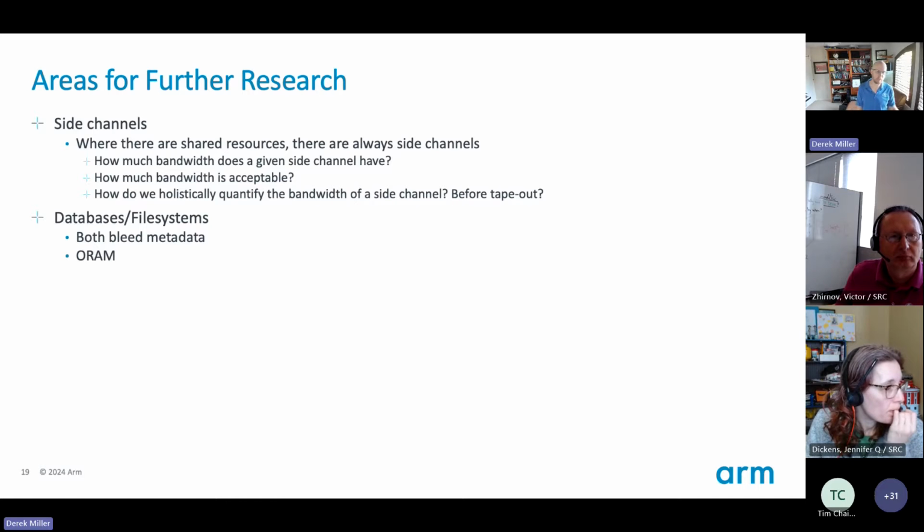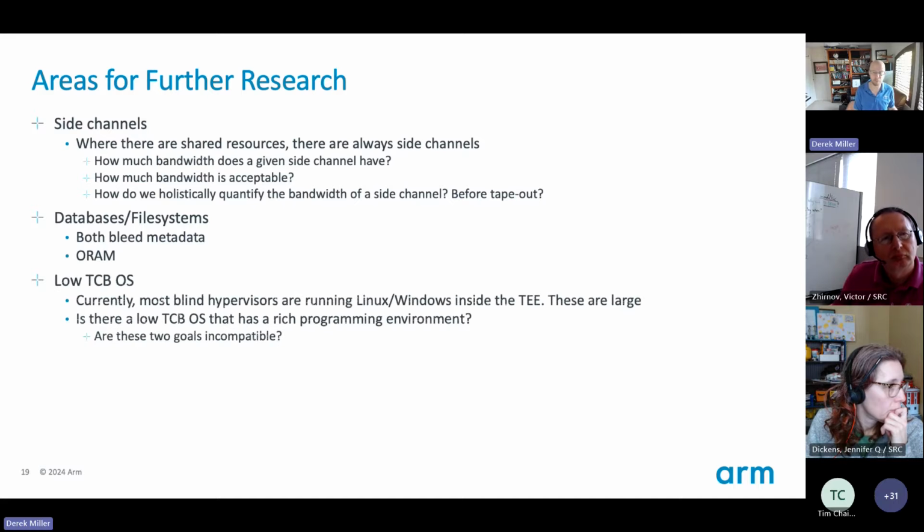They actually got a lot of improvements from it because they were paranoid from the beginning. They're continuing to be paranoid, but ORAM gives them those solutions. But can we improve this? Right now, for most use cases, ORAM is not a viable solution. So that's another question that comes up.